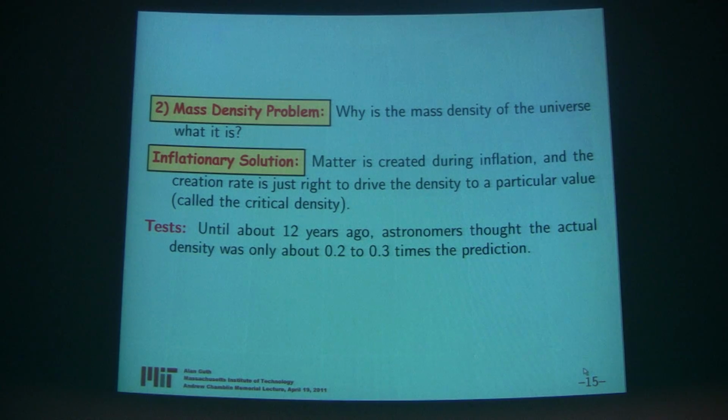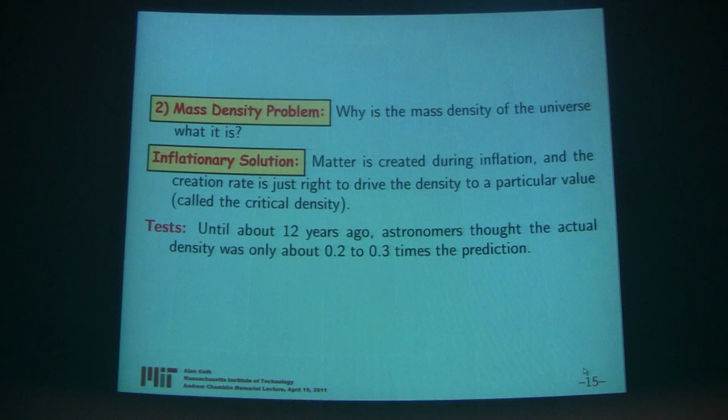Now, it didn't always. About 10, 12 years ago, astronomers thought that the actual density was only about 0.2 or 0.3 times this number, this critical density that inflation was predicting. Now that was uncomfortable.